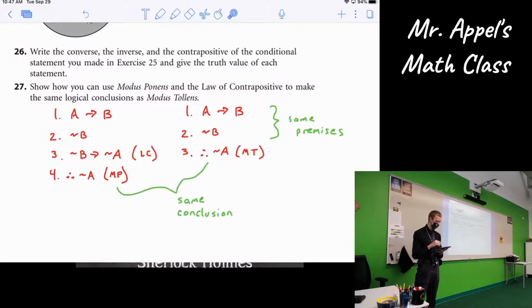And now use modus ponens with the not B to conclude not A in the end. And then using these same premises, notice I've highlighted that there, if A then B and not B, I can still conclude not A just from modus tollens. So I get the same conclusion. If you start with the same premises and you end with the same conclusion, no matter how you got there, your arguments are logically equivalent.